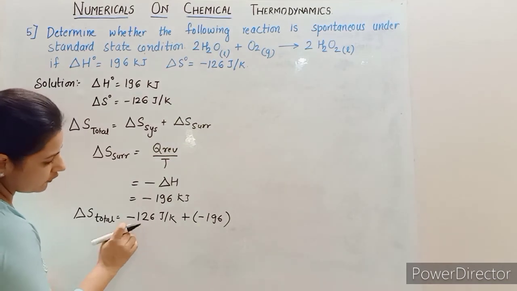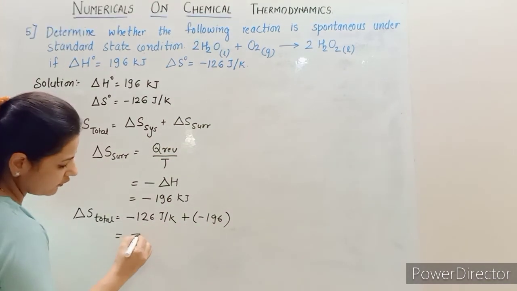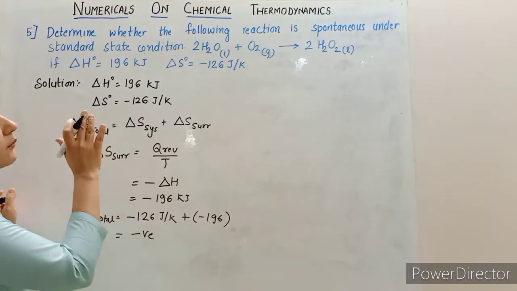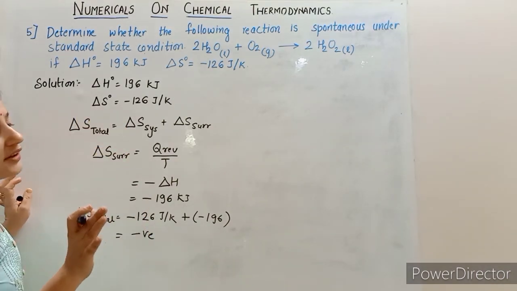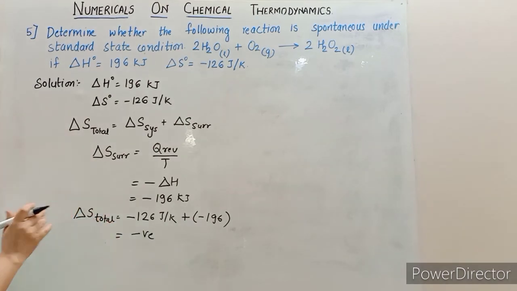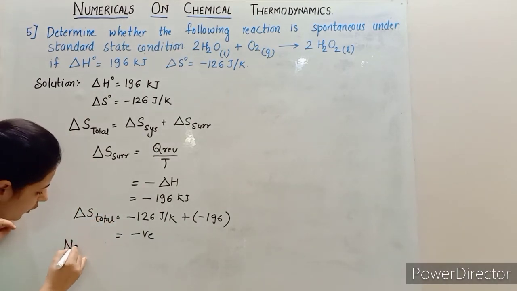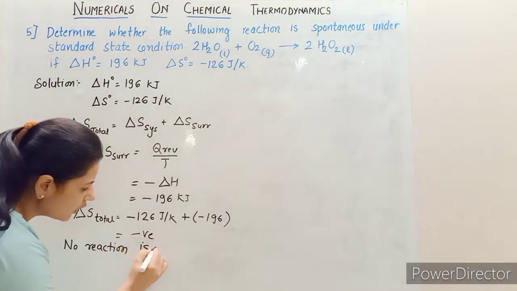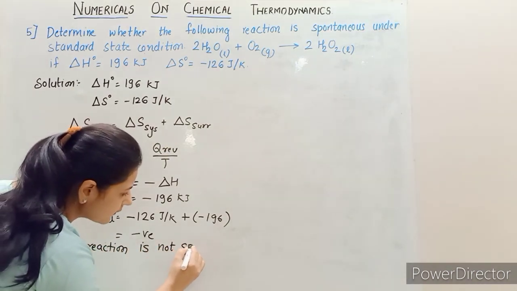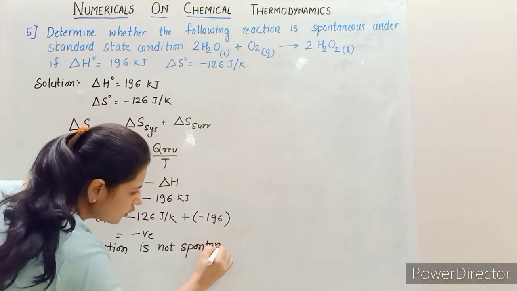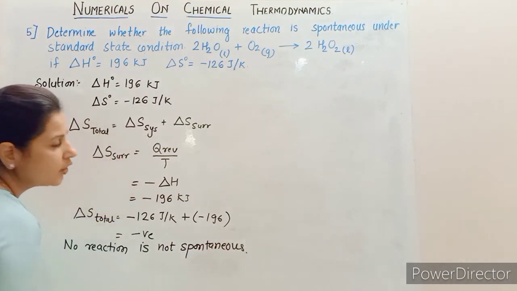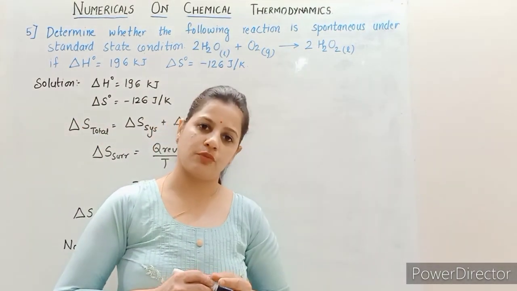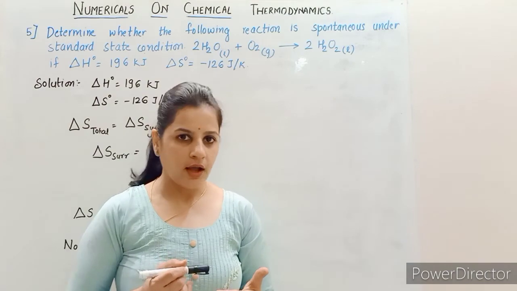So this is negative plus negative, so the answer will be negative, and you don't need to find out the exact value in this case because they are asking just whether the reaction is spontaneous or not. So the answer will be no, the reaction is not spontaneous. Means it is a non-spontaneous reaction. So in the format the question is asked, you have to give the answer. जिस तरह से आपको क्वेश्चन पूछा जाएगा आपको उसी फॉर्मेट में उसका आंसर देना है.